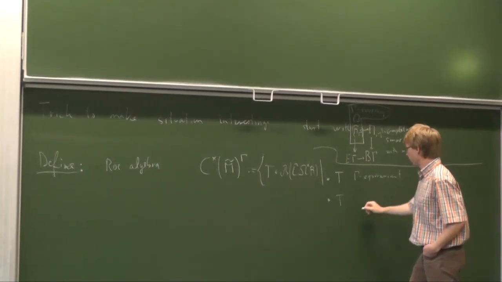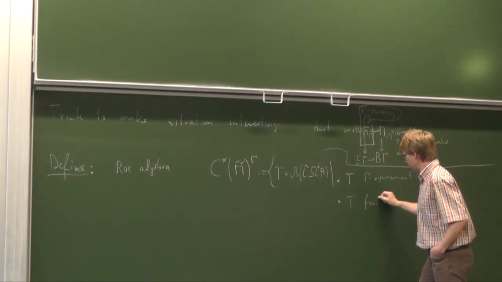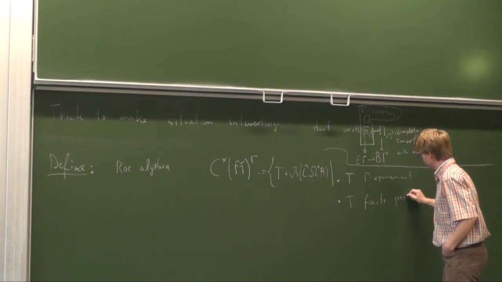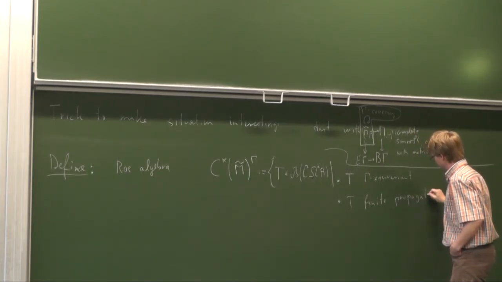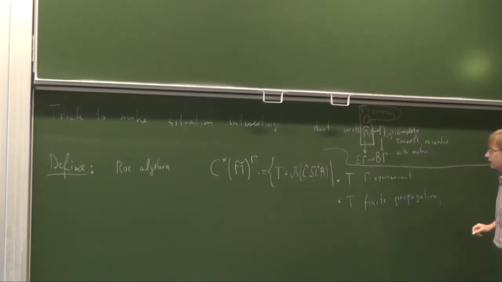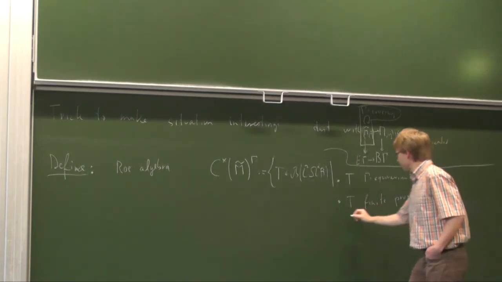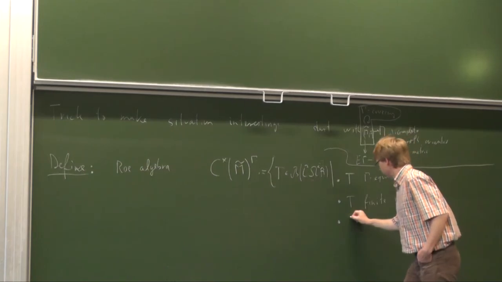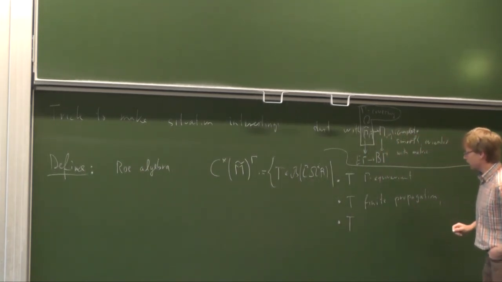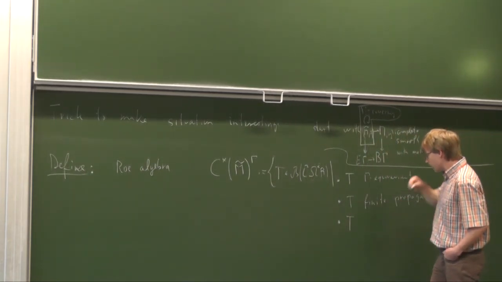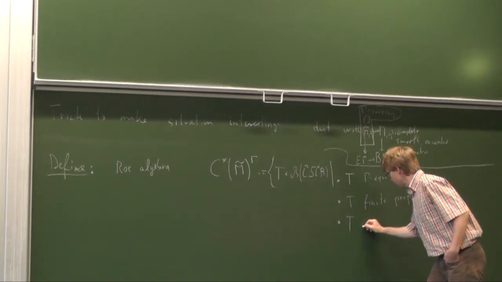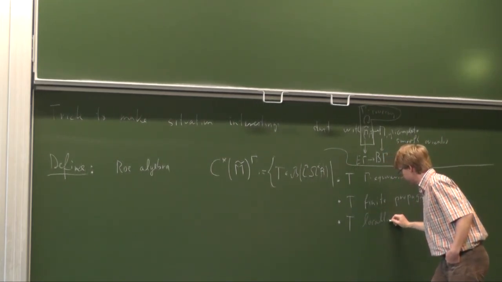T should have what is called finite propagation. Maybe I'm just completing the picture. I'm going to tell you in a second what this is. And the third condition we have is that T is what is called locally compact.